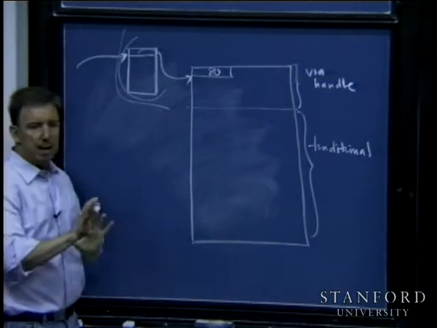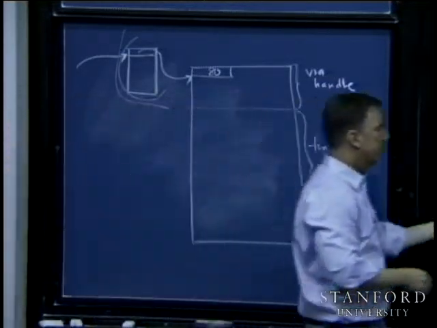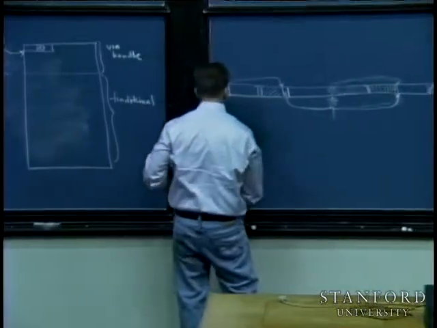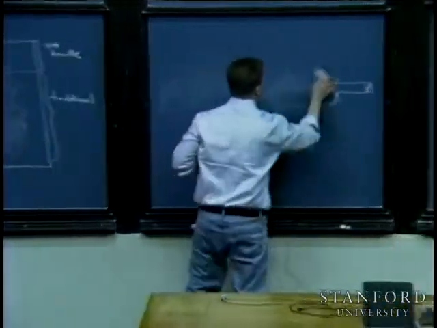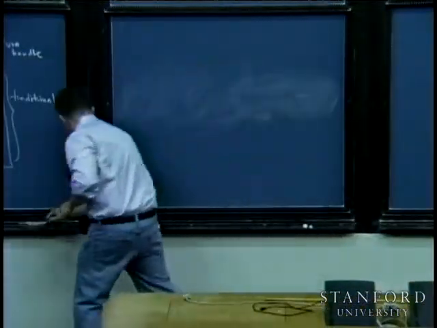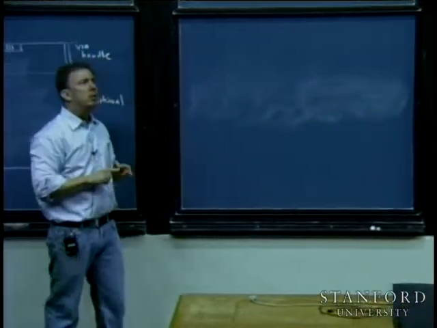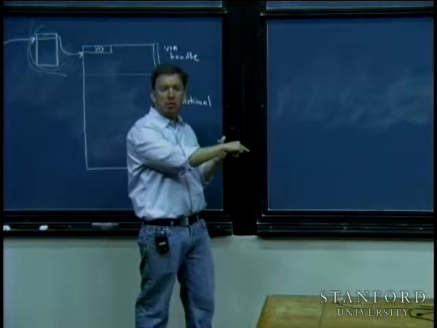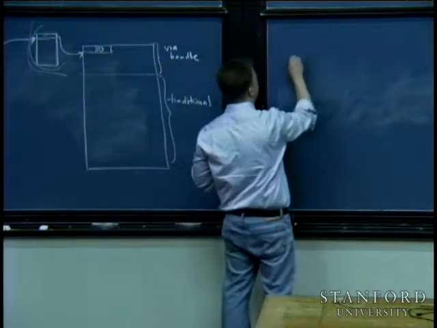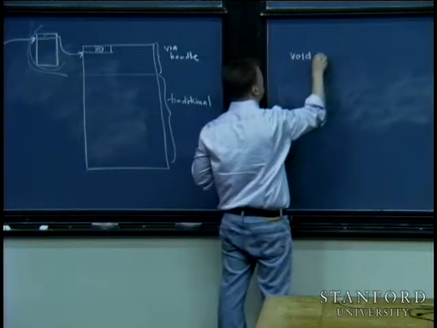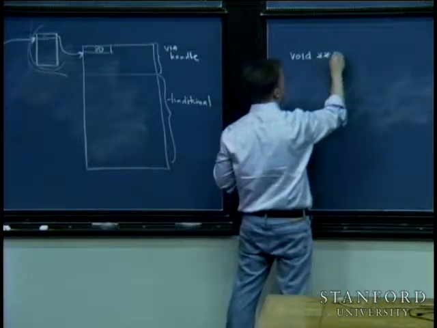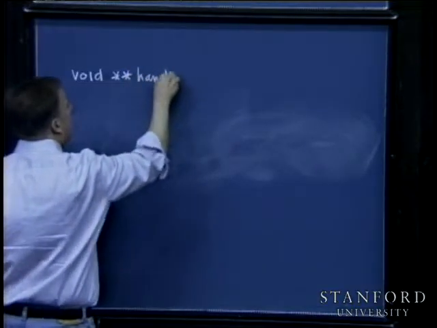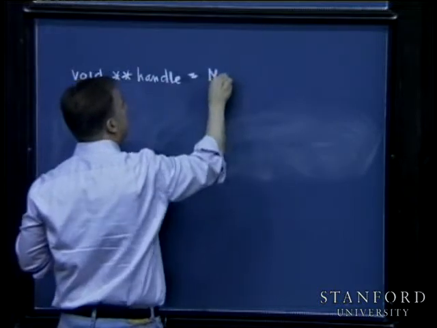So the paradigm, or the idiom rather, that people would use for this is if you really wanted to get memory to something that's compacted and managed more aggressively by the heap manager, you would do something like this, void star star handle, and it would be some function like NewHandle.